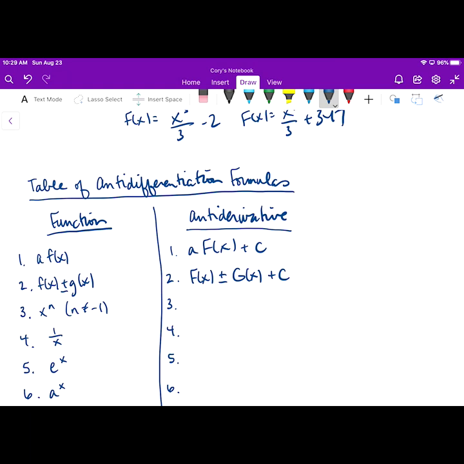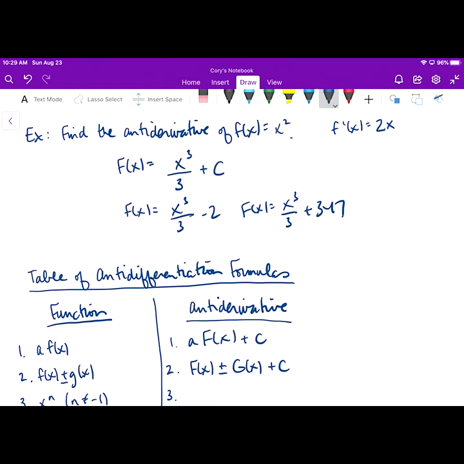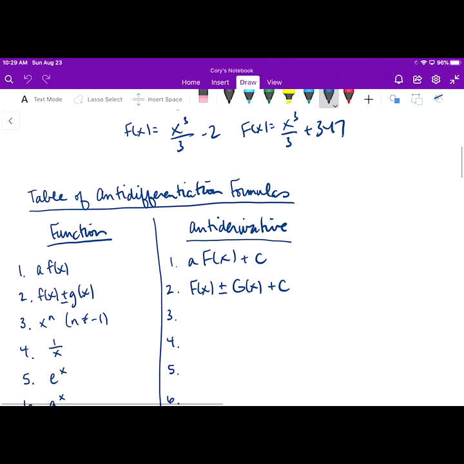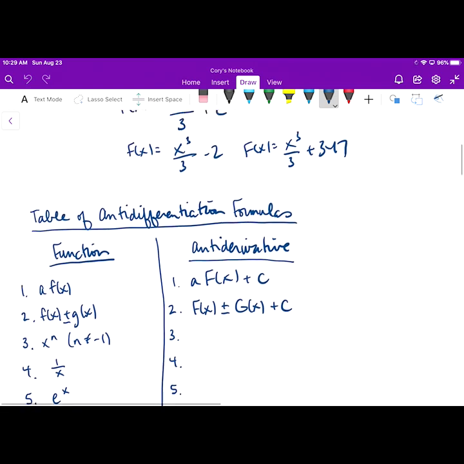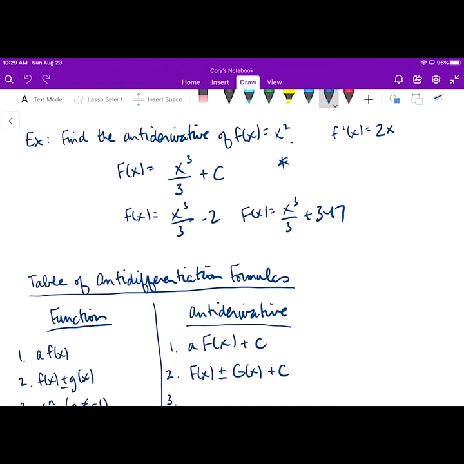For number 3, if we want to take the antiderivative of x raised to the n power, where n does not equal -1, that's just like what we did in the example up above. But we're going to generalize a power rule for antiderivatives. If you look, when we took the antiderivative of x squared, we found that to be x cubed over 3 plus c.